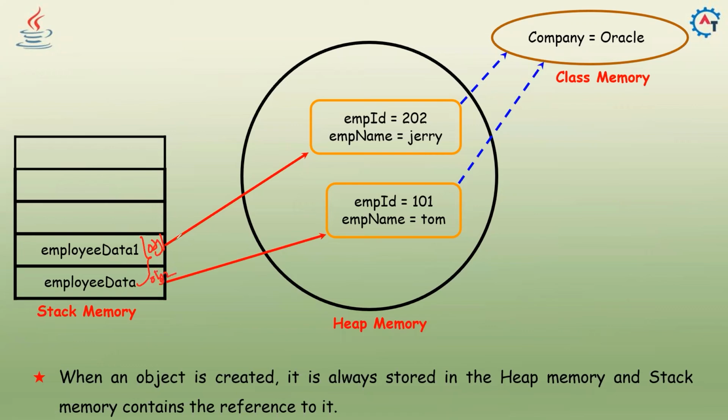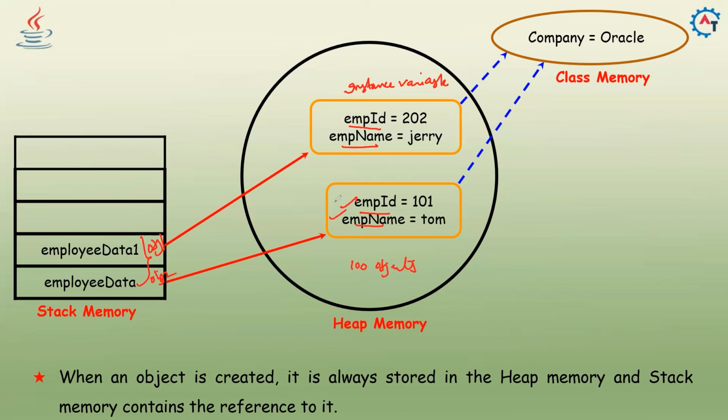When you create an object, these are instance variables. For each object, it will create emp id, emp name, emp id, emp name. If you create 100 objects, then 100 times this emp id, emp name will get created.